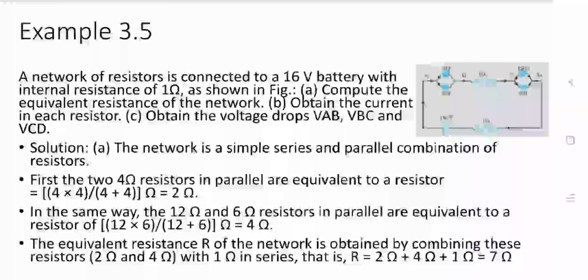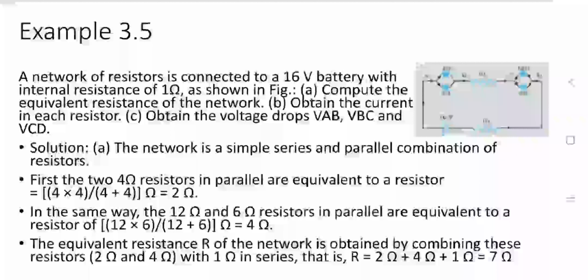First, solve for the equivalent resistance of the network. Between A and B, two resistors are connected in parallel, so using the parallel equation, 1 upon R equivalent equals 1 upon R1 plus 1 upon R2. Solving this, R1 R2 upon R1 plus R2, we get 2 ohm.